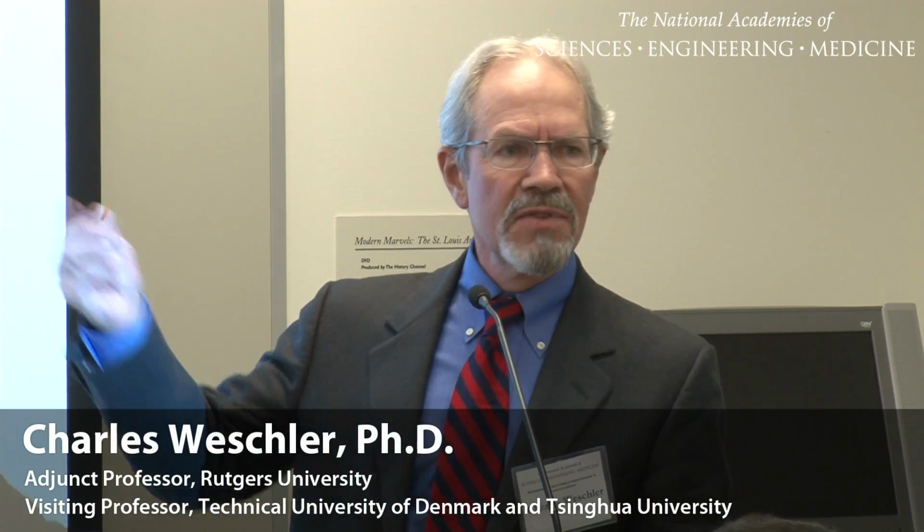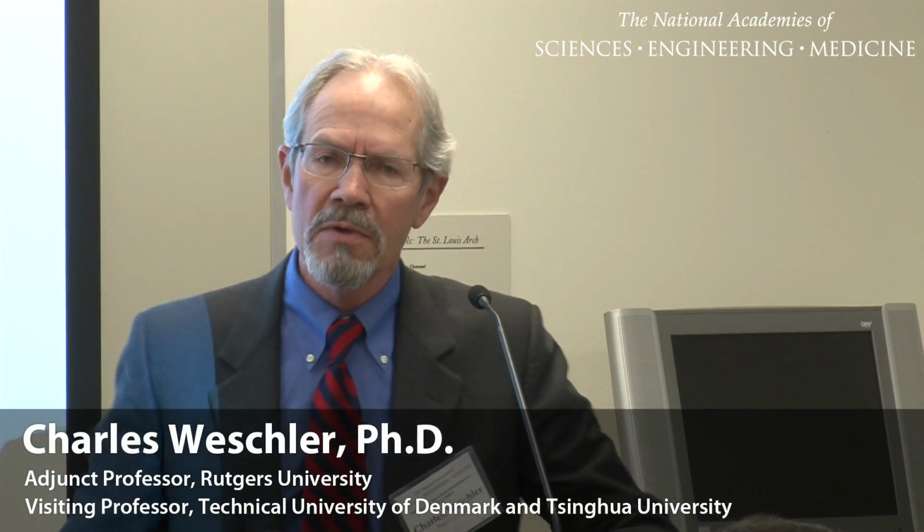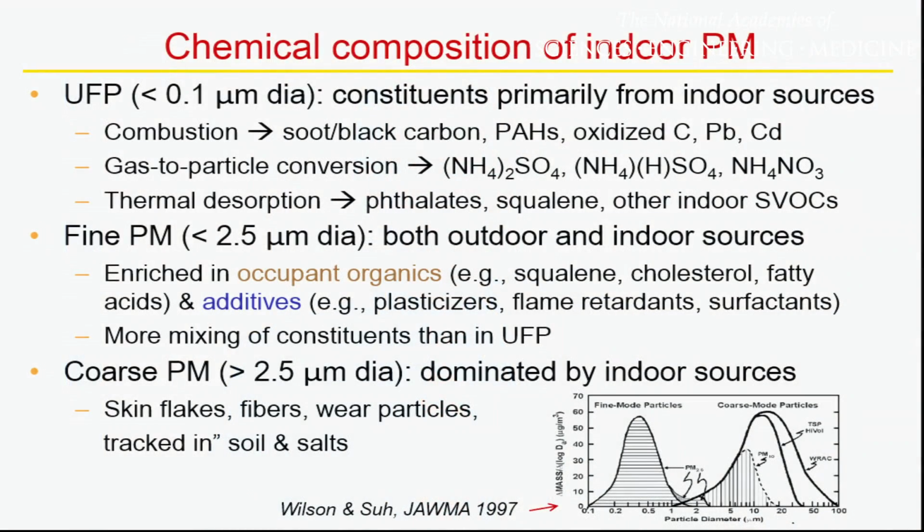In the case of the ultrafine particles, as you've heard from the previous speaker, buildings do a reasonably good job of protecting us from outdoor ultrafine particles. So to a certain extent, the chemical constituents of indoor ultrafine particles come from indoor sources.